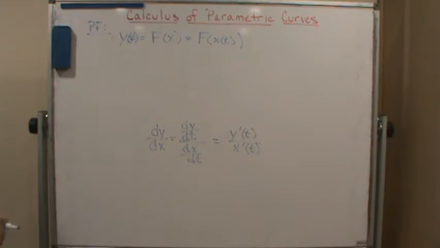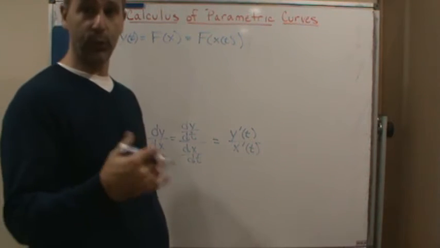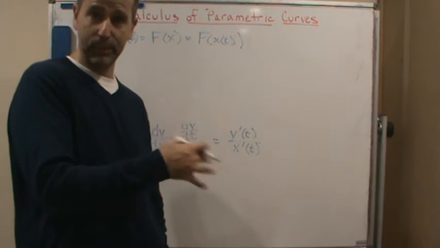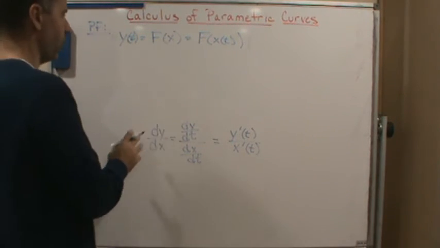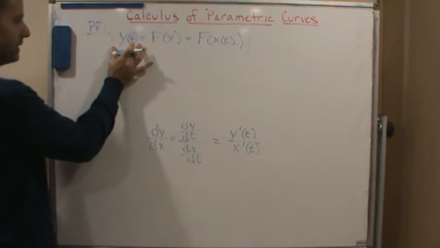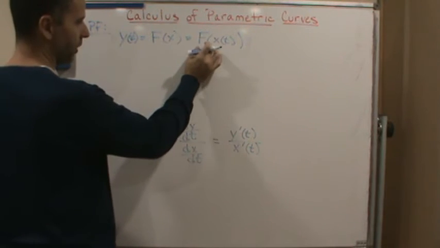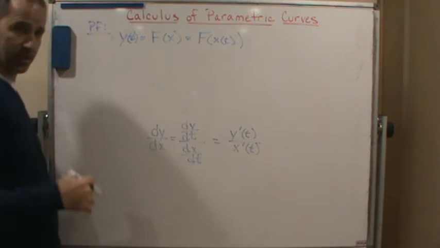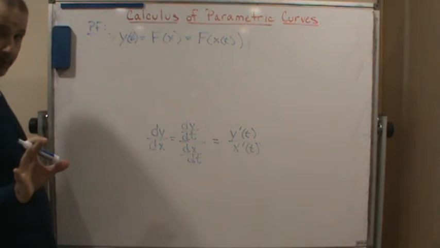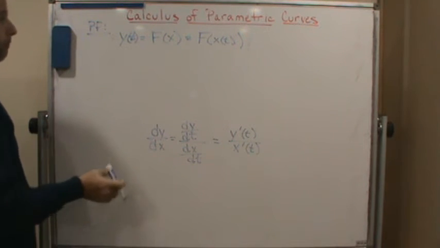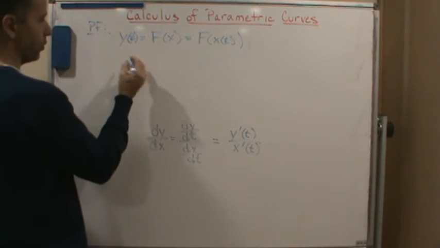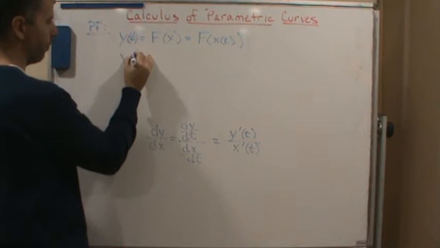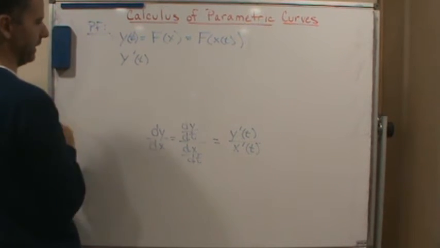And again, this is just by using the substitution method that we've done in the last several examples of eliminating the parameters. So that's all we're basically doing here. I'm writing y of t as this function of x, but realize that x is also a function of t, right? So now I'm just going to take the derivative of both sides. If I take the derivative of both sides, I have y prime of t.